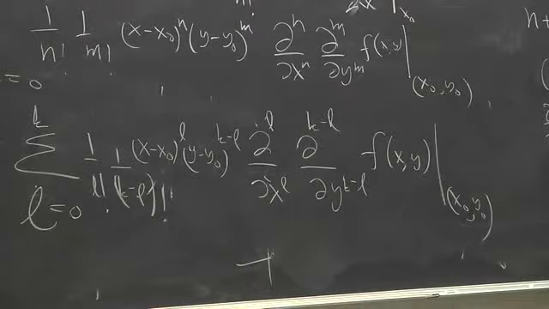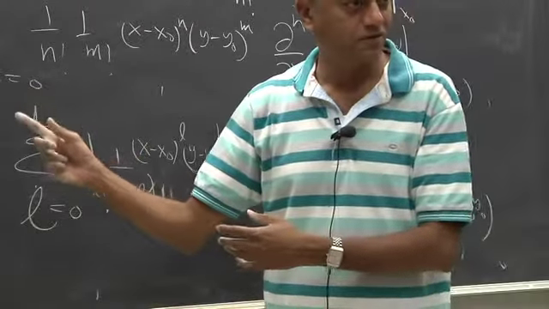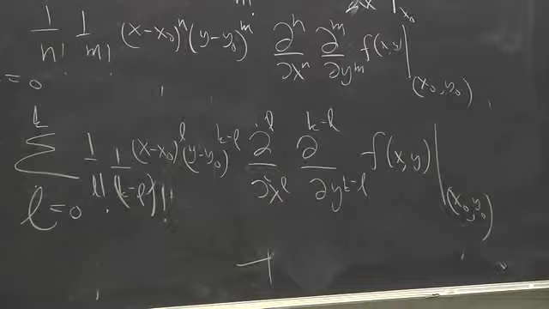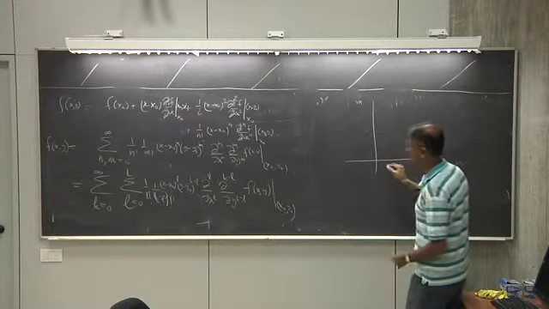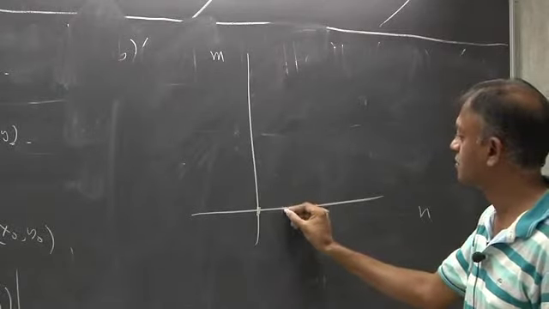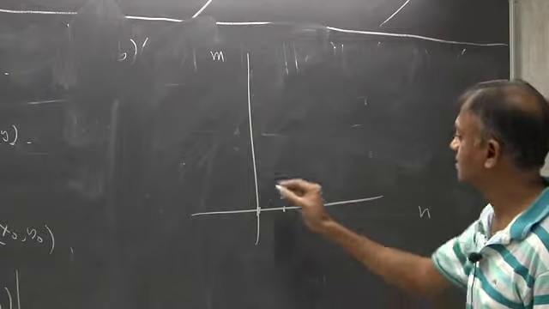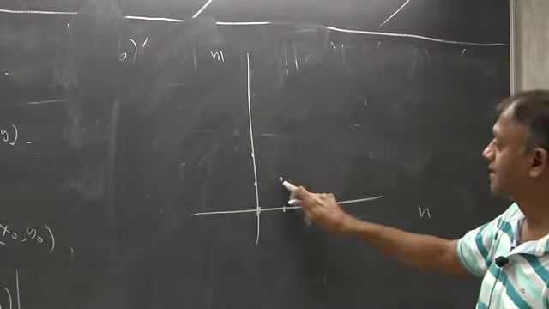I mean, this is very useful. In many computations, this type of thing becomes useful, to change the way you sum. So if you think about this n and m, in the original thing we are summing over all the integers, right, from 0 to infinity, n equal to 0, 1, 2, etc. Similarly, m equal to 0, 1, etc. You have also n equal to m equal to 1.